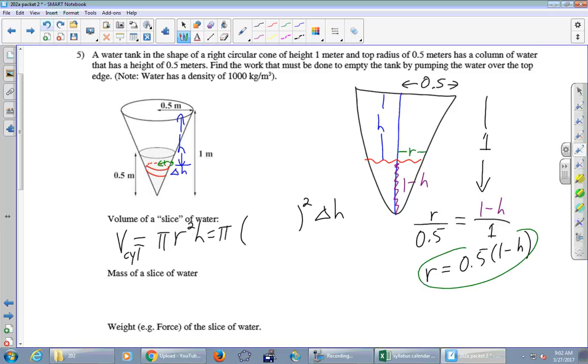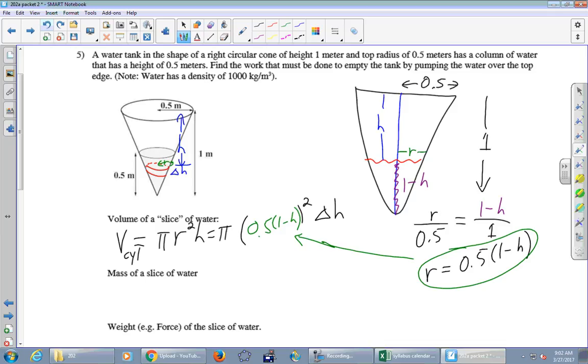And so that thing right there can go right in here. Okay, so that's the volume of our cylindrical slice.